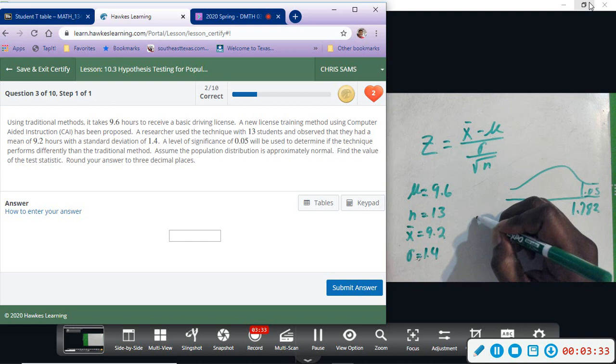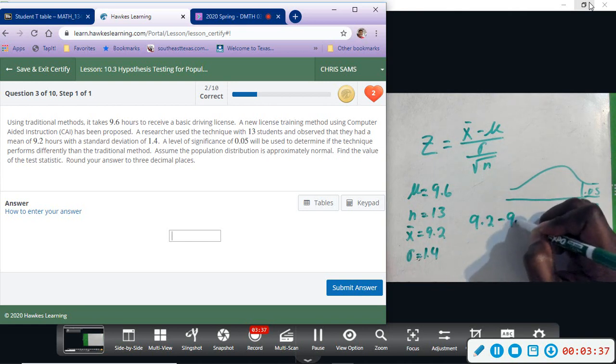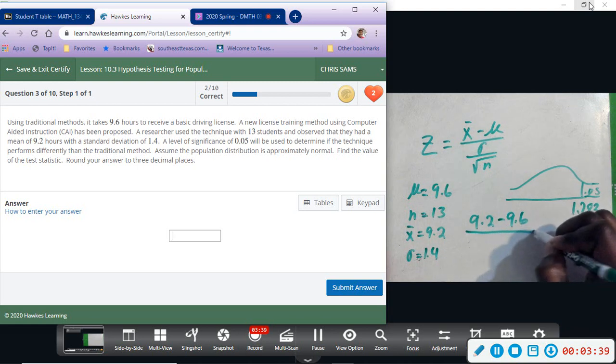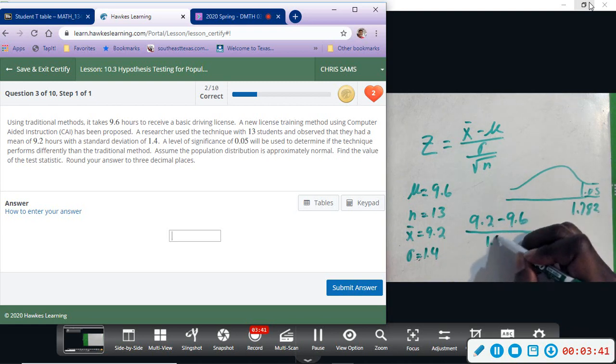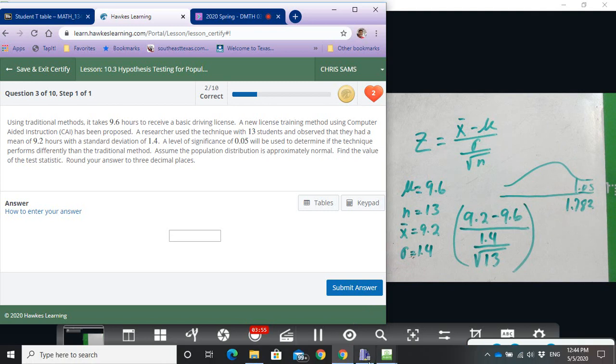So we're going to be doing 9.2 minus 9.6 over 1.4 divided by the square root of 13. We're going to compute this, and this is going to give us our test statistic. So where's our calculator?